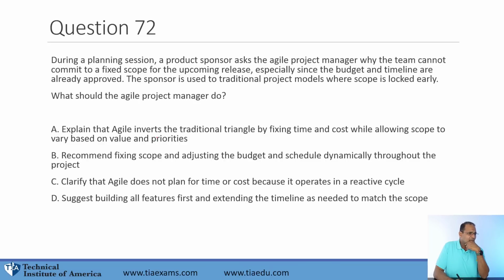Explain that Agile inverts the traditional triangle by fixing time and cost while allowing scope to vary based on values and priorities. Recommend fixing scope and adjusting the budget and schedule dynamically throughout the project. Clarify that Agile does not plan for time or cost because it operates in a reactive cycle.